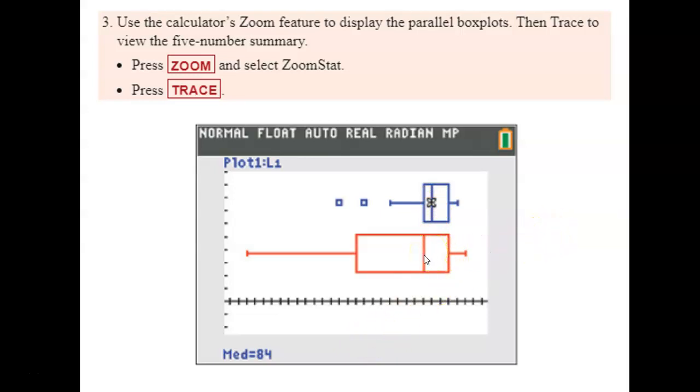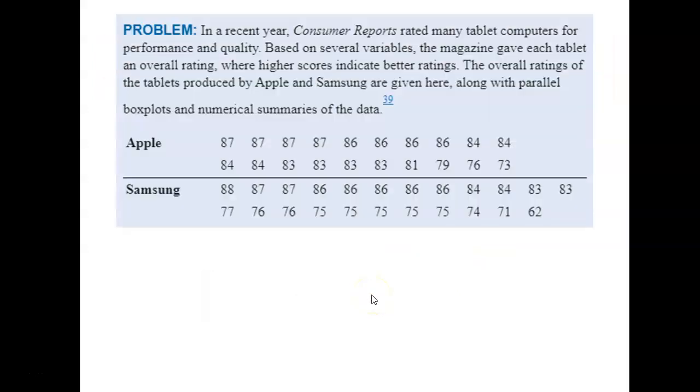So we had shape, we had center, variability. So let's talk about the interquartile range. So the Apple tablets have less variability than the Samsung tablets by looking at the interquartile range. And then outliers. There appear to be two outliers in the Apple data, which were, I don't know if we had this data ordered in any way.